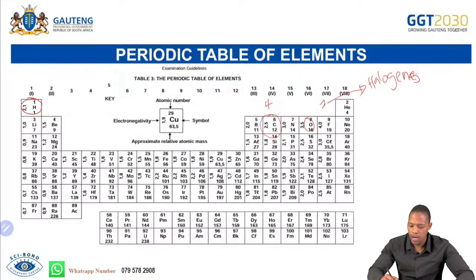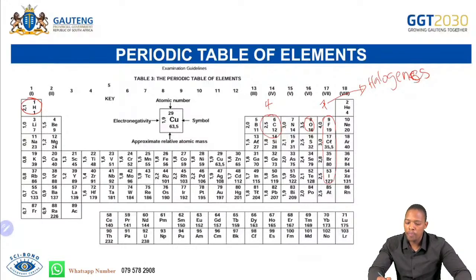It is important that we know that these elements are called halogens, and this is going to come in handy later on. And the following elements that we are going to look at as halogens are the following: fluorine, chlorine, bromine, and iodine. These are the elements that we are going to focus on as our halogens for us to be able to know organic chemistry, at least at an introductory level.